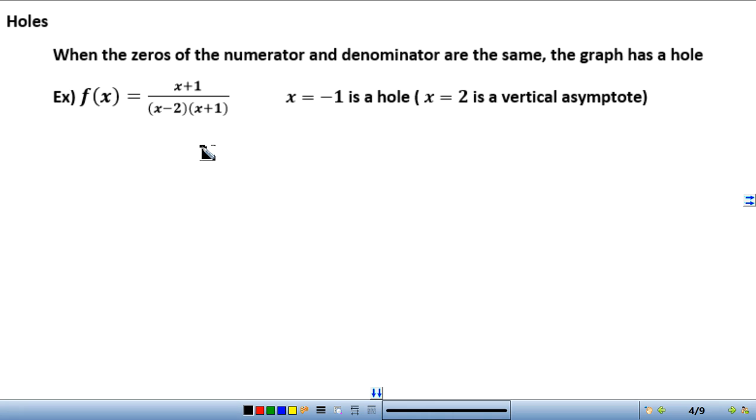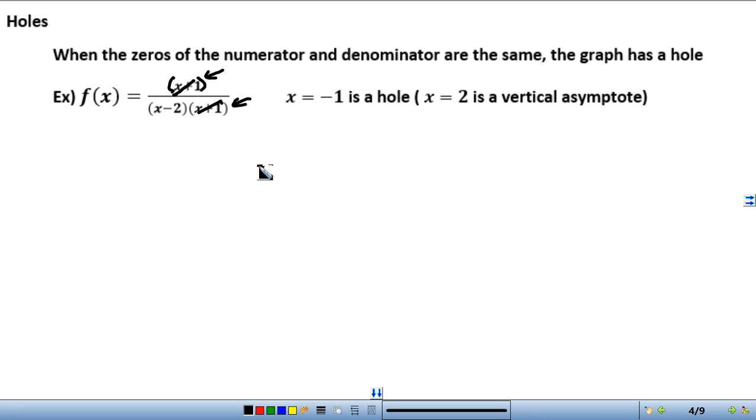So to see if something's a hole or an asymptote, if I have a match in both the top and the bottom, so you're going to have to factor out both the top and the bottom to discover this. If I have a match or the same term in the top and bottom, then I have what's called a hole. And that's because these can cancel out.